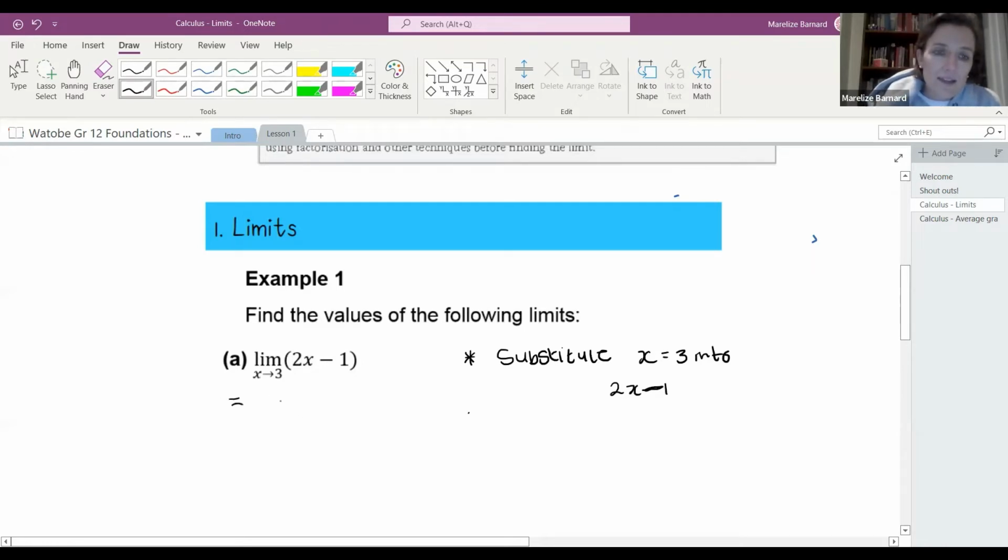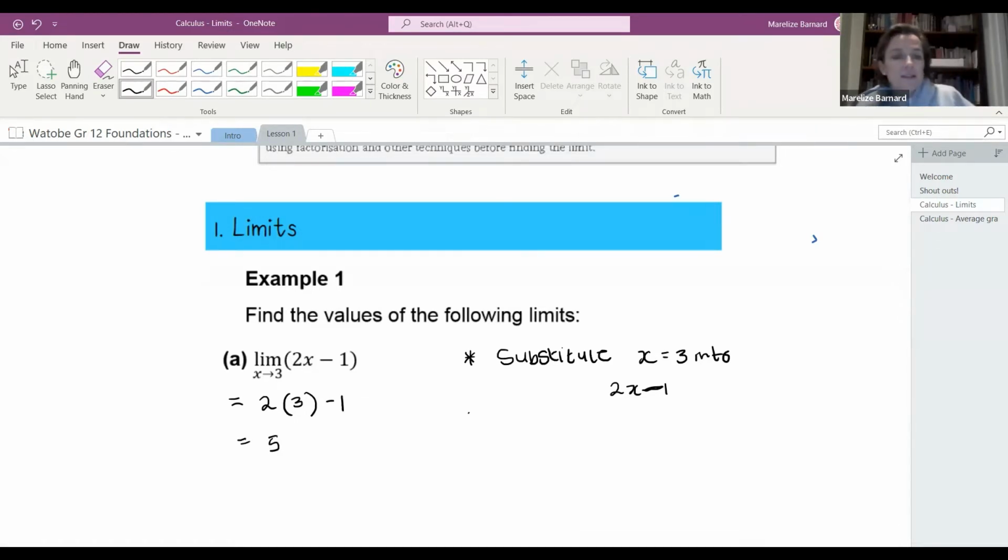So we can write 2, and I replace my x with a 3 and subtract a 1. That's 6 minus 1 is 5. So the limit as x tends to 3 is equal to 5.